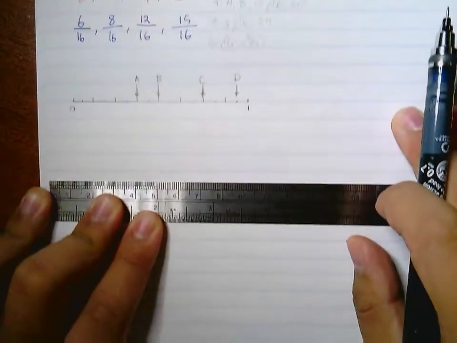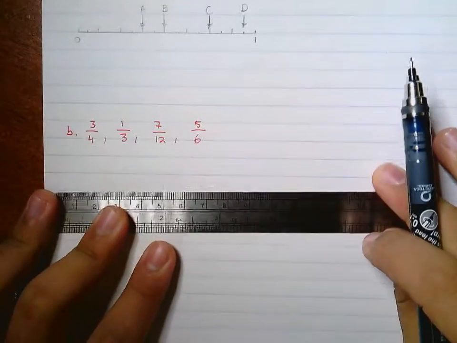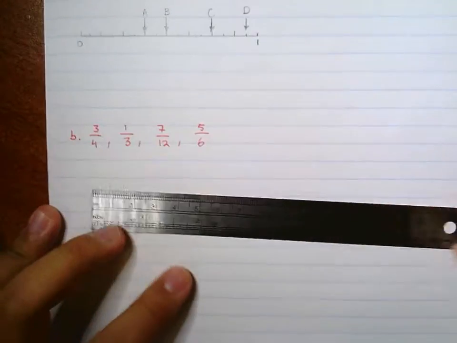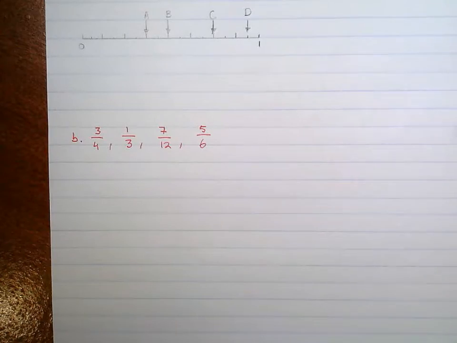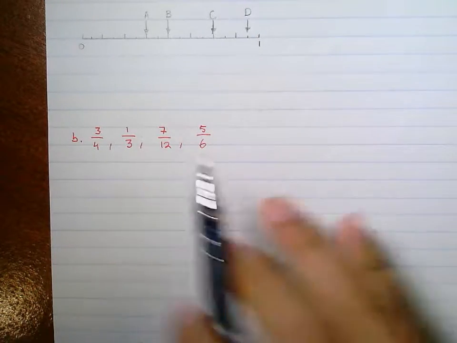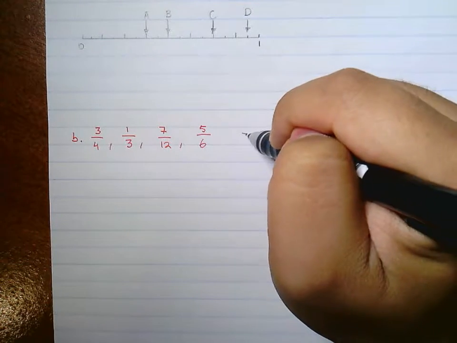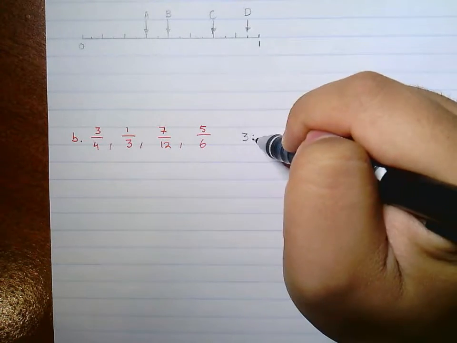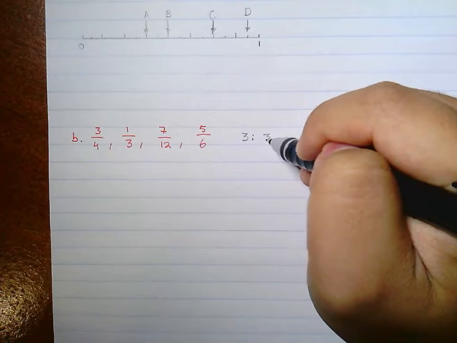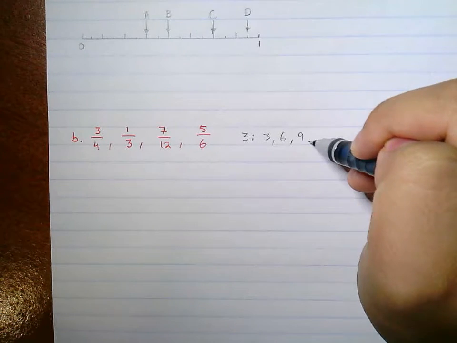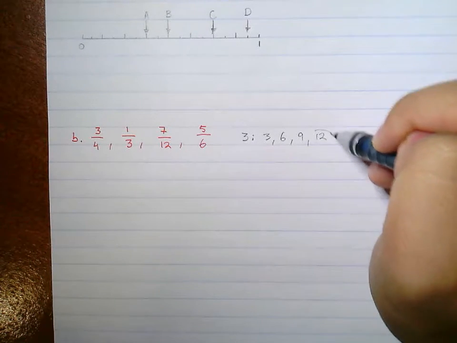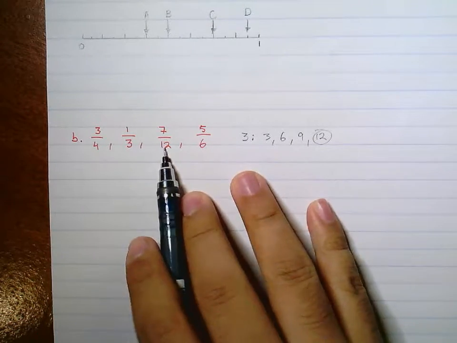So let's do another example here with these numbers. Once again, let's find the lowest common multiple between all four numbers. Let's start with the smallest one. 3: 6, 9, 12. So we have 12 already here.